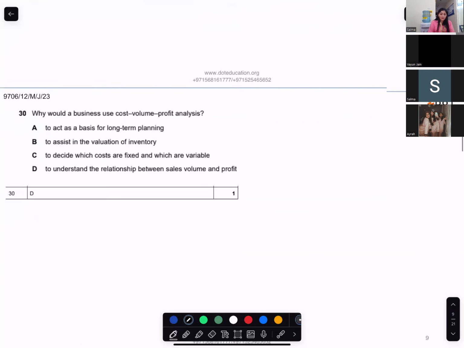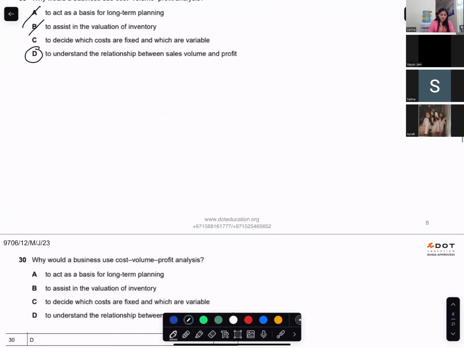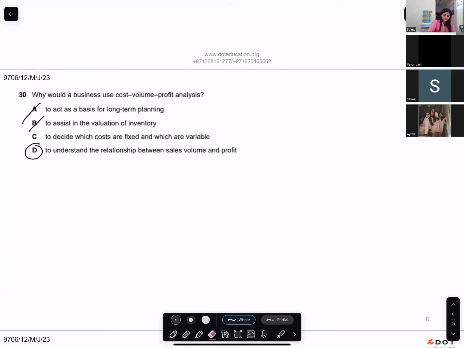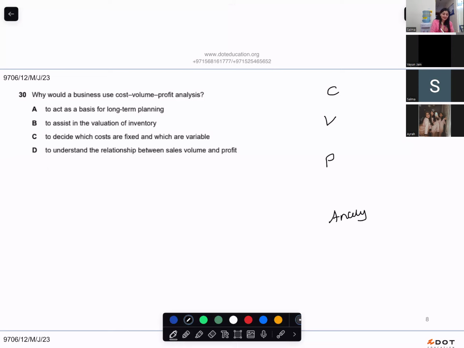Why does a business use a cost volume profit analysis? Now remember, your cost volume profit analysis is your break-even analysis, right?